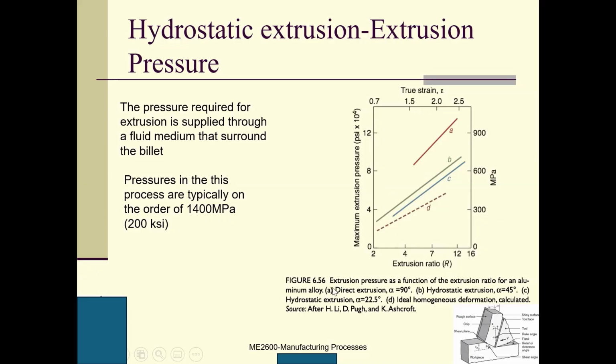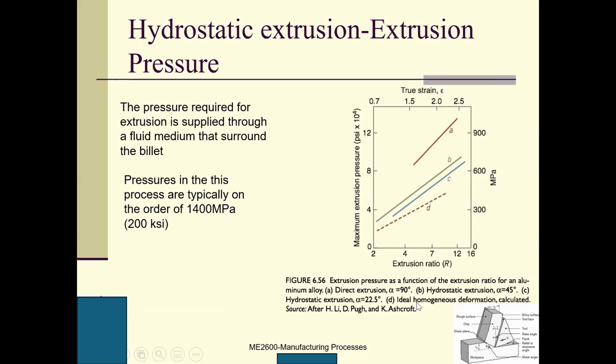So here, for the direct extrusion, this is 90 degrees. This is the angle. For hydrostatic extrusion, it is 45 degrees. This is 25 degrees, half of this one, B and C. You can see if the angle is lower, the pressure needed is smaller.